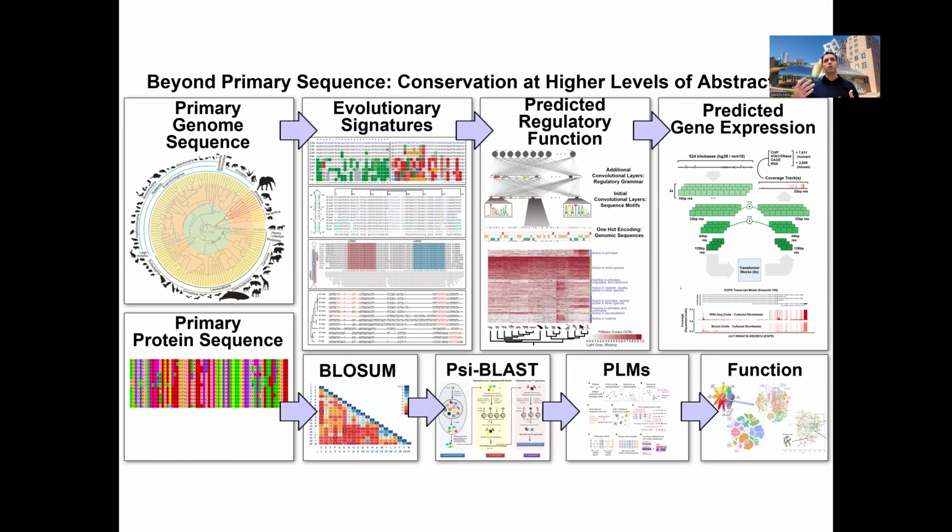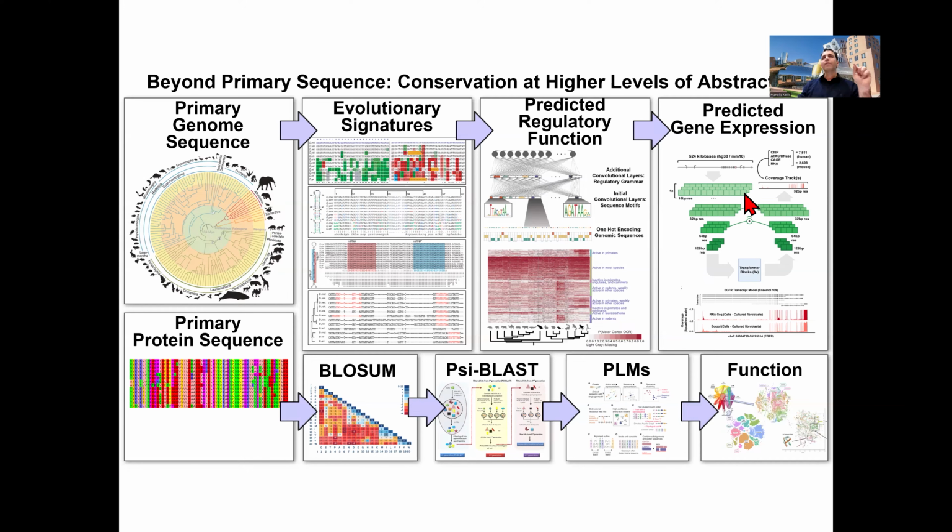The transformation of deep learning and modern generative AI has been about these increasingly higher levels of abstraction. And it's the same thing here. We can basically do evolution here or at the signatures, at the patterns, at the regulation, at the expression.